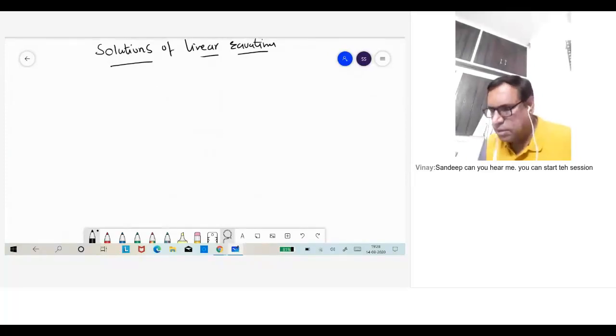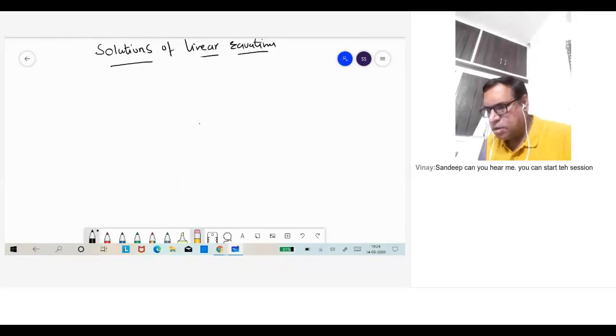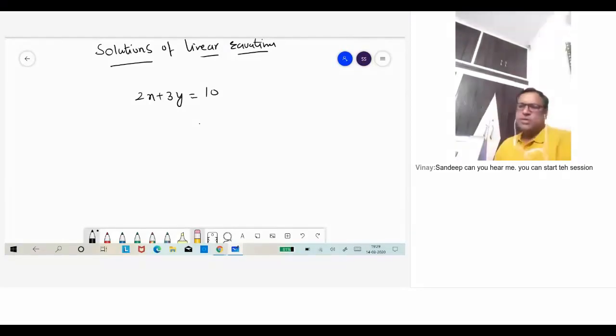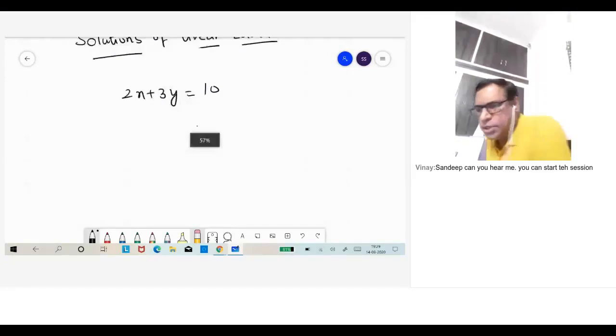Let's take a simple example, something like 2x plus 3y is equal to 6 plus 4, 10. 2x plus 3y is equal to 10. A simple example of a linear equation in two variables.